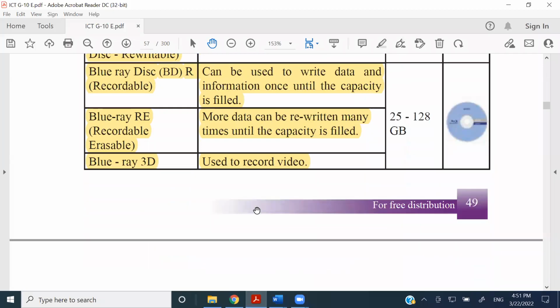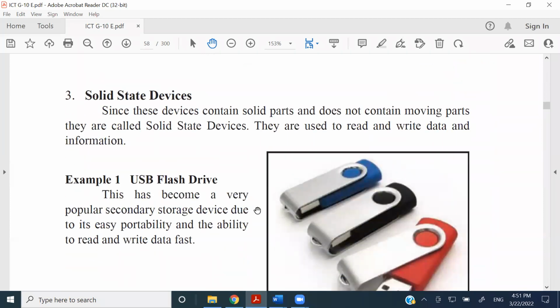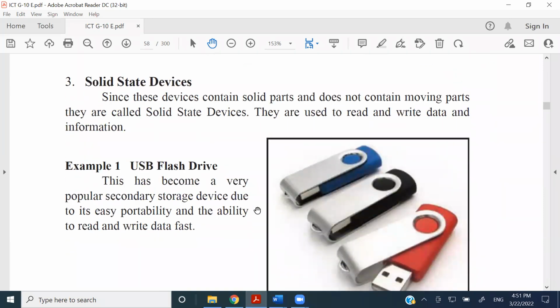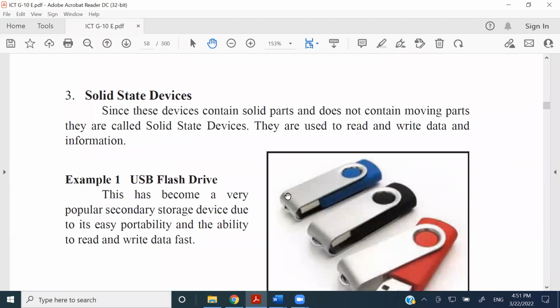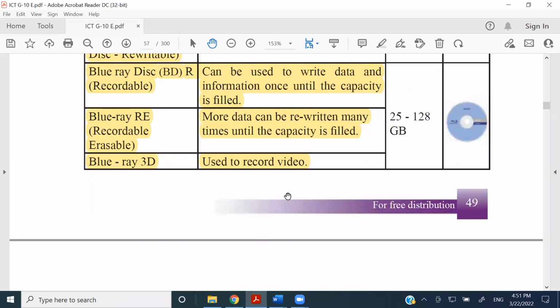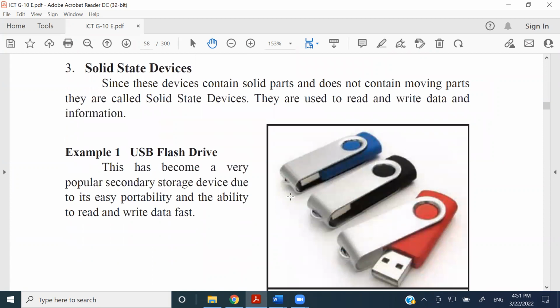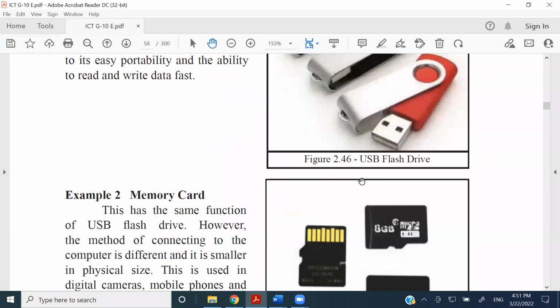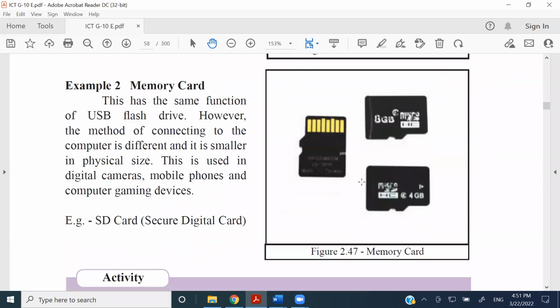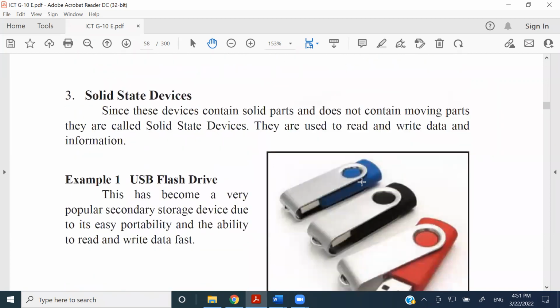All right, so that brings us to the solid state devices, right? Why is it called solid state? Unlike the magnetic media as well as the optical media, they don't have any movable parts. The pen drives, the SD cards, and all these things are categorized under solid state devices.